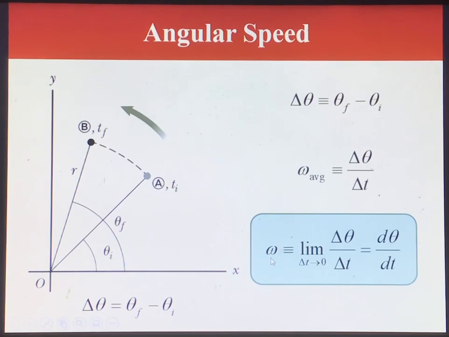We calculate it by taking the derivative. It's just the derivative of the angle with respect to time. So again, these are two quantities that are very useful. We have the average value of the angular speed, which is just delta theta over delta t, and the instantaneous value of the angular speed, which is the derivative of the angle with respect to time.